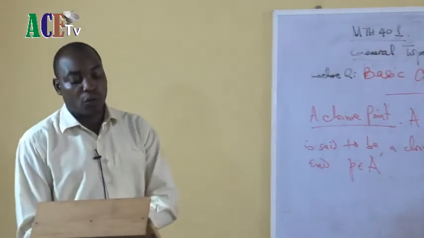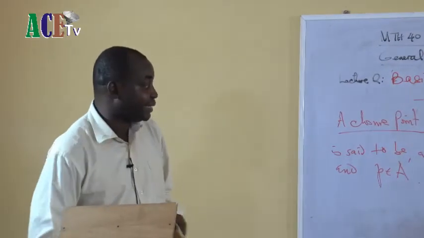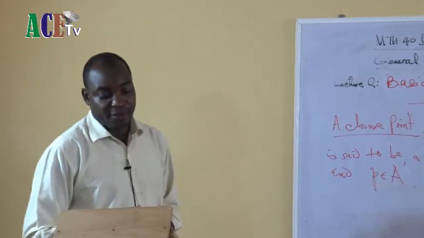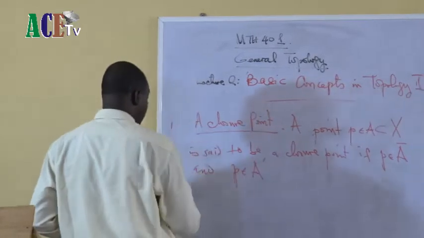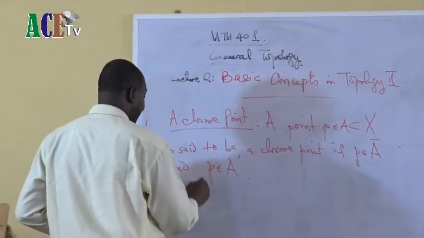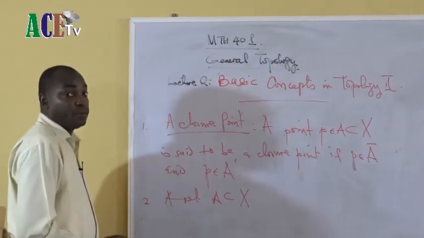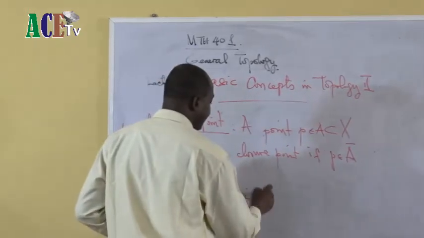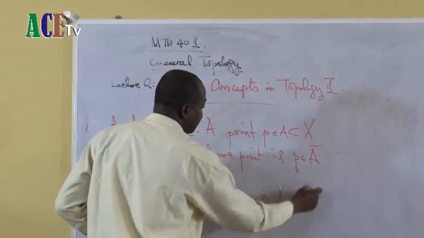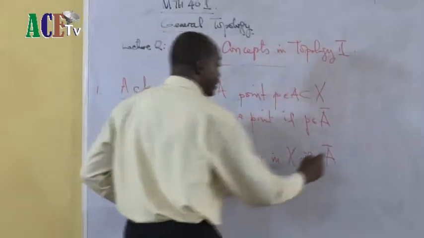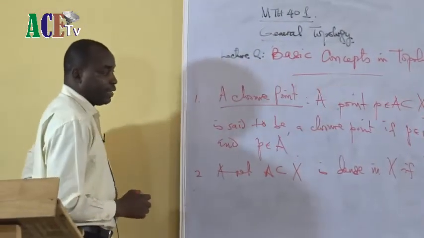Then we need to also understand what we mean by dense, the denseness of a set. Okay? So we note that too. A set A, which is a subset of a topological space X, is dense in X if the closure of A is a subset of X. Okay?